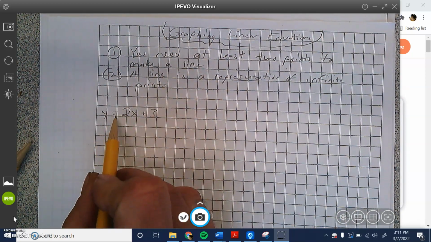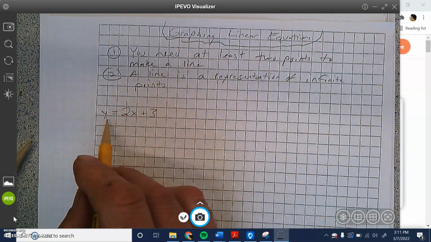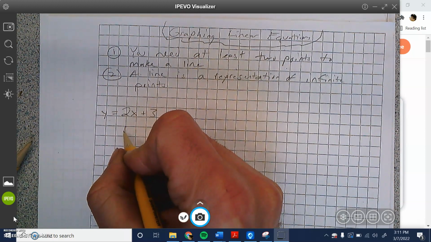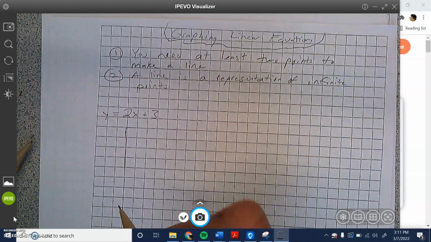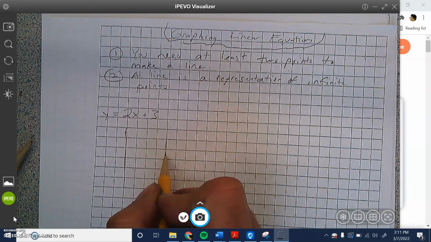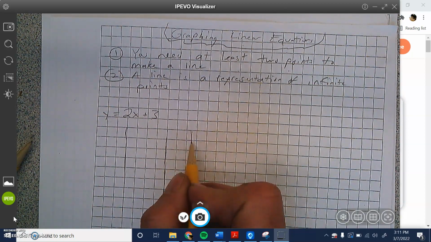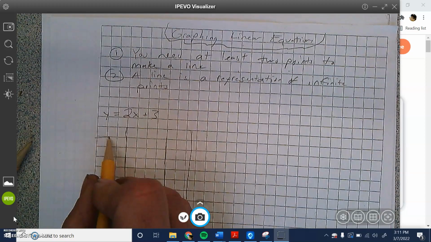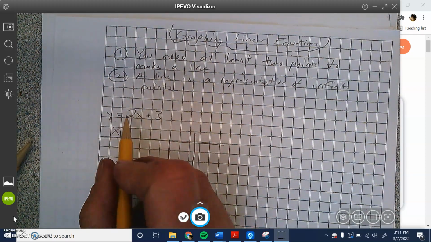So here we have y equals 2x plus 3. Here's a relationship between x and y, two variables. First we start with our chart. I'm going to draw 3 lines like this. First is going to be x, and then I'm going to plug into x.